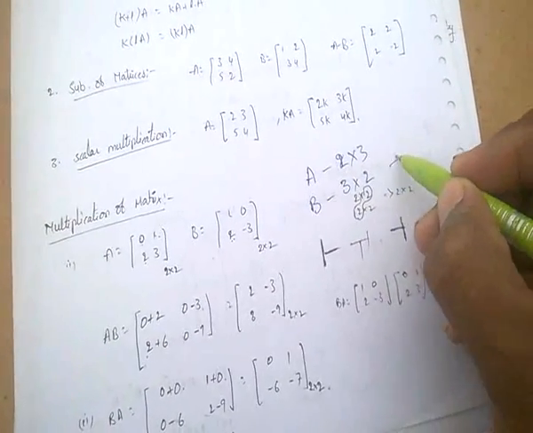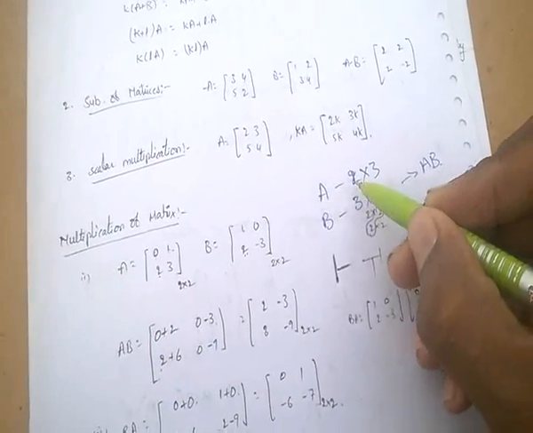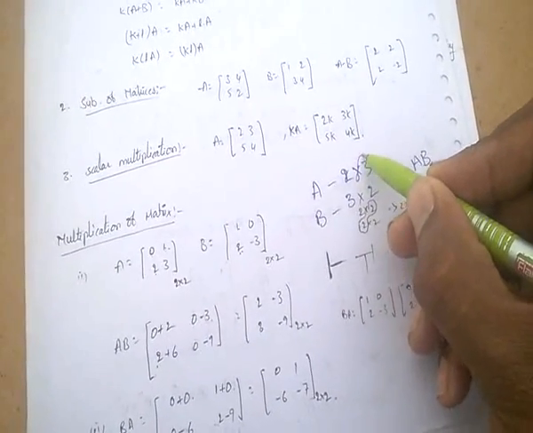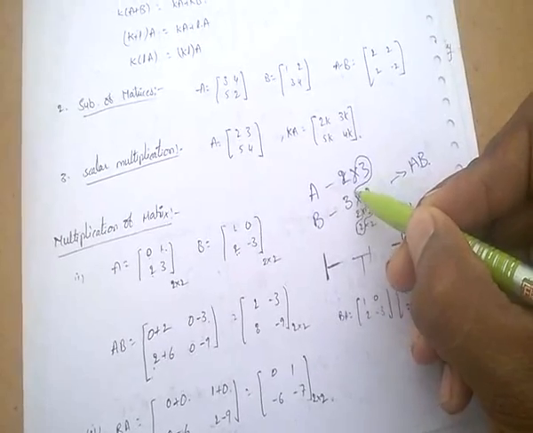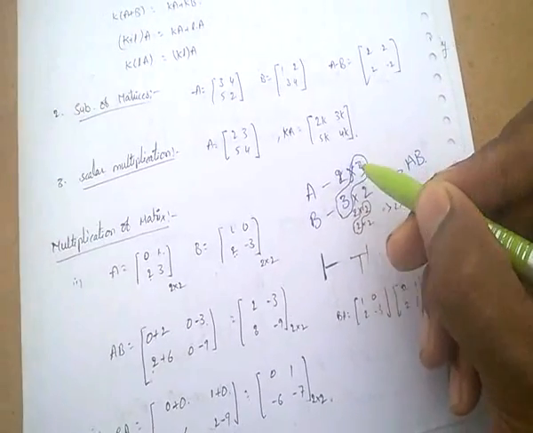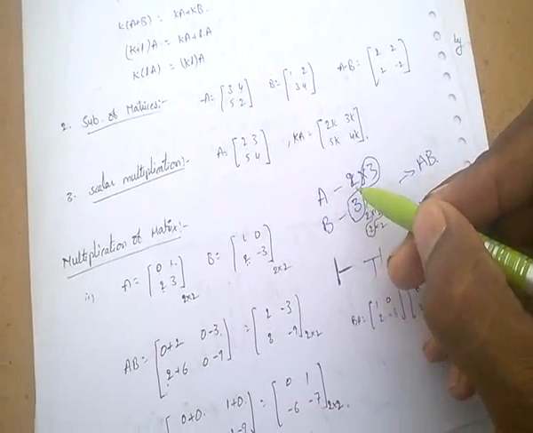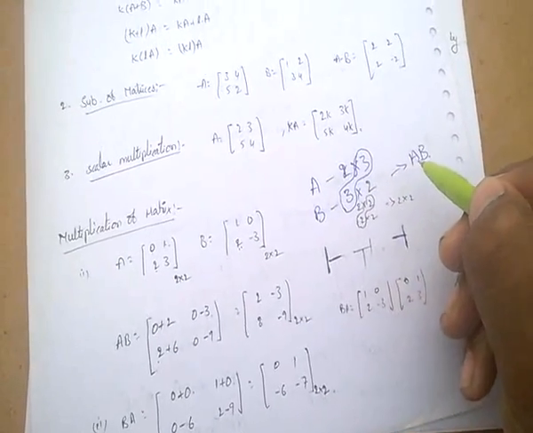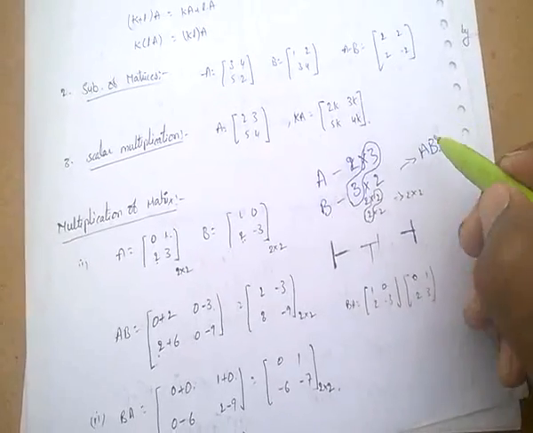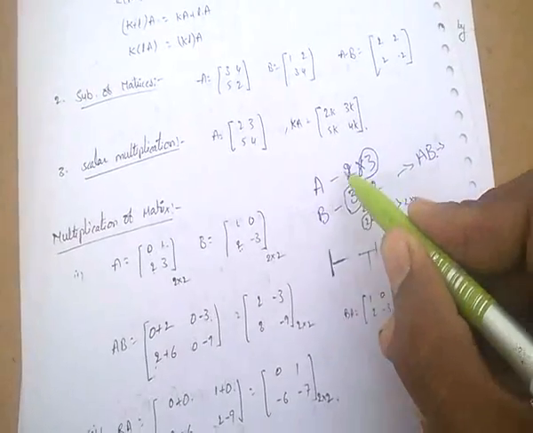Okay, for AB, the columns of the first matrix must be equal to the rows of the second matrix. Then only multiplication is possible. And the resulting product AB has order 2 by 2.